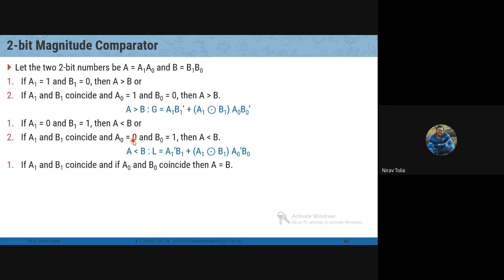Then I can say that my A is equal to B. So either A1 and B1 are 0 0 and A0 and B0 are 0 0, then also you can say A equal to B. And in the same way, if A1 and B1 both coincide with each other, and A0 and B0 coincide, then we can say that my A is equal to B. So this is the equation for A equal to B.